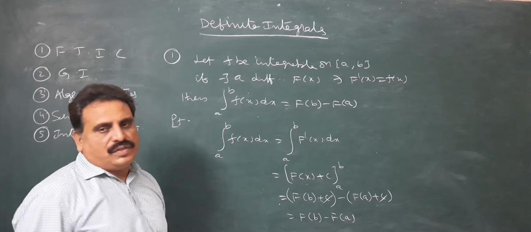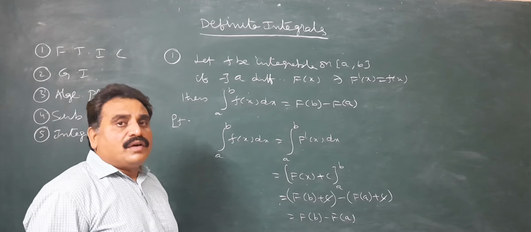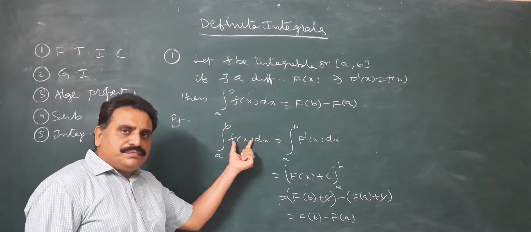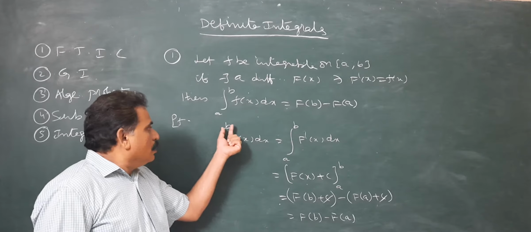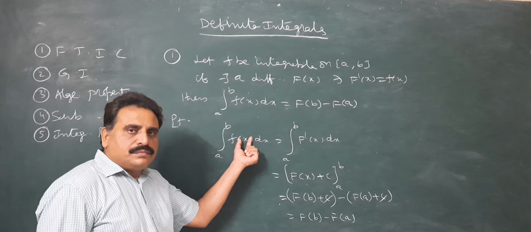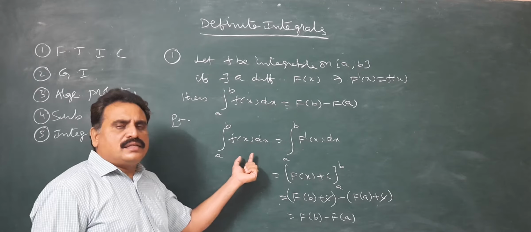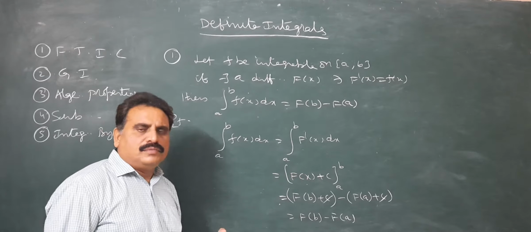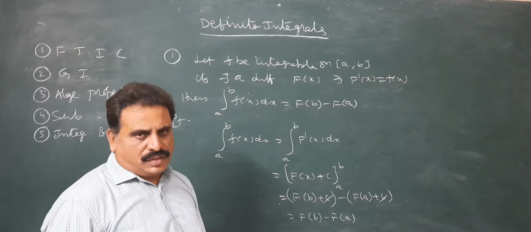This is called the fundamental theorem of integral calculus. We just have to integrate that function, and after that, in that function, substitute upper limit b minus lower limit a. In this definite integral, we need not write the constant c. If you write it, it cancels. So we need not write the constant.